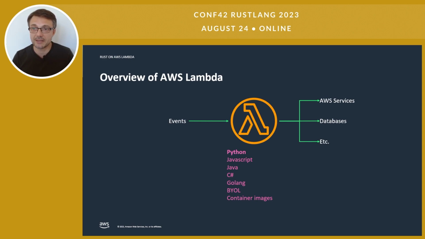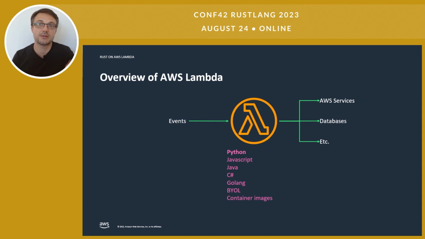Probably you can't see Rust here because in lambda we have different types of languages. We have so-called provided runtimes, which provide some environment for you for Python, JavaScript, Java. Or you can use so-called bring your own runtimes, where you can create a custom runtime and execute that runtime and run any language whatever you want.